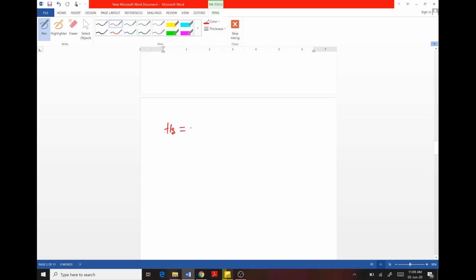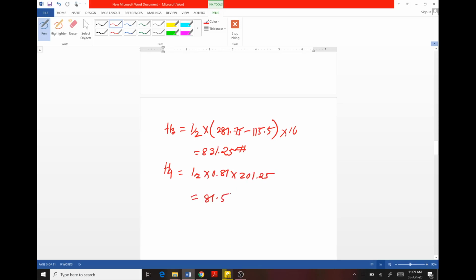H3 is equal to half into 281.75 minus 115.5 into 10, 831.25 pound. H4 is half into 0.81 into 201.25, equals 81.5 pound.